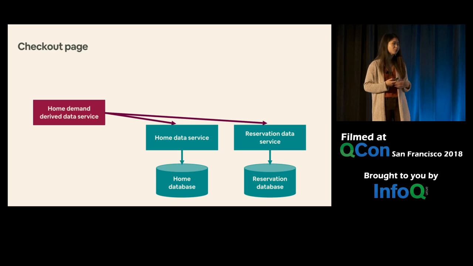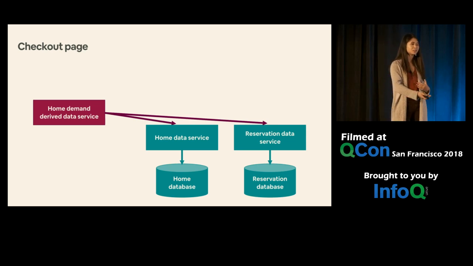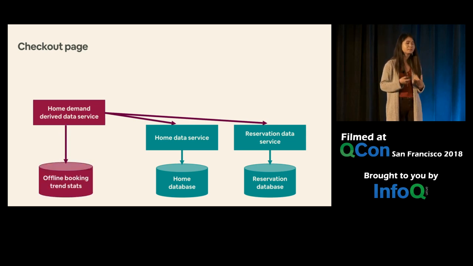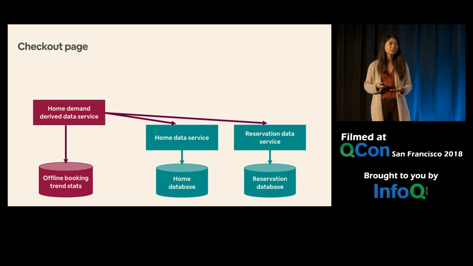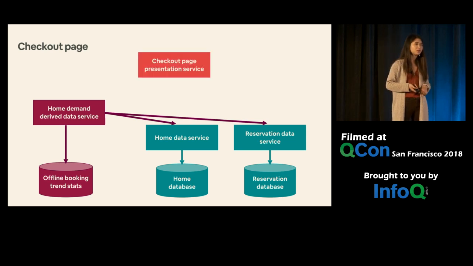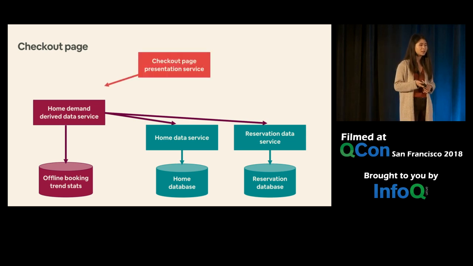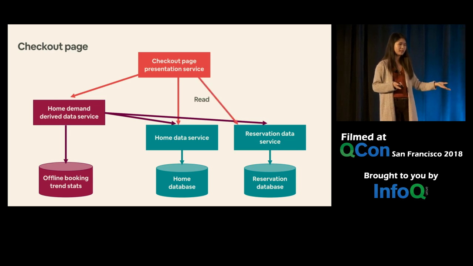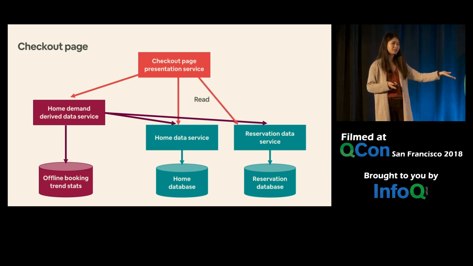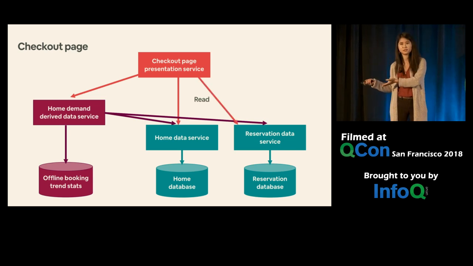Perhaps it wants the reservation dates or the location of the home. And it combines this with its own data store, some offline booking trend statistics. It then can combine these together to find out a statistic such as what is the likelihood of your home being booked for the certain date. And that would be shown to the user, so the checkout page gets data from the homes derived data service, the homes data service, and the reservation service.